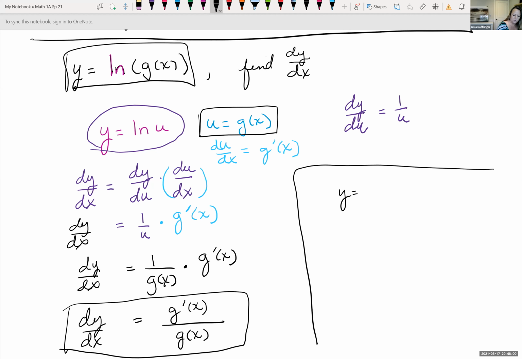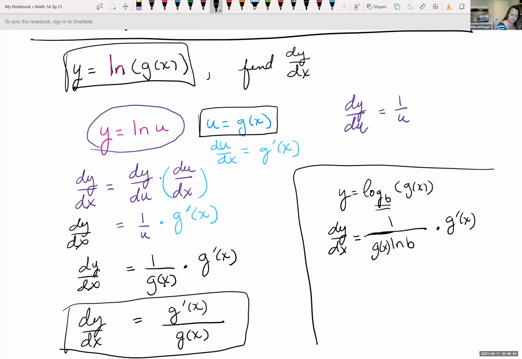If y equals log base b of some function g of x, and I'm not going to derive it, it's the same idea, then the derivative dy/dx is equal to the derivative of the outer, which is 1 over the natural log of b times the inner, g of x, times the derivative of the inner, g prime of x.